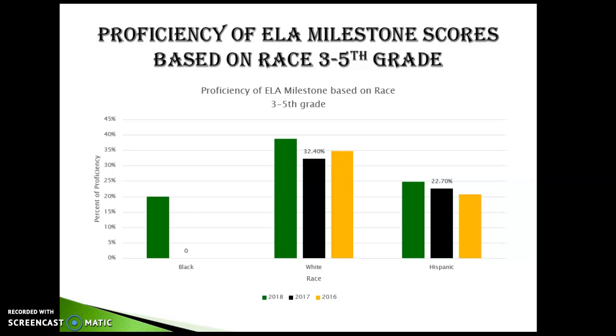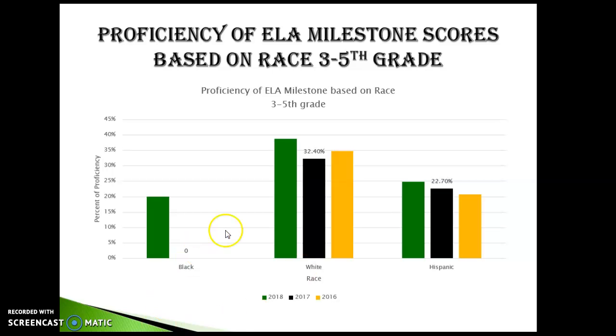So this is a subgroup that I decided to pull out and look at the data on, and it's the proficiency of ELA milestone scores based on race, 3rd through 5th grade. Because Eccles is such a small school, our subgroups typically tend to be pretty small too.